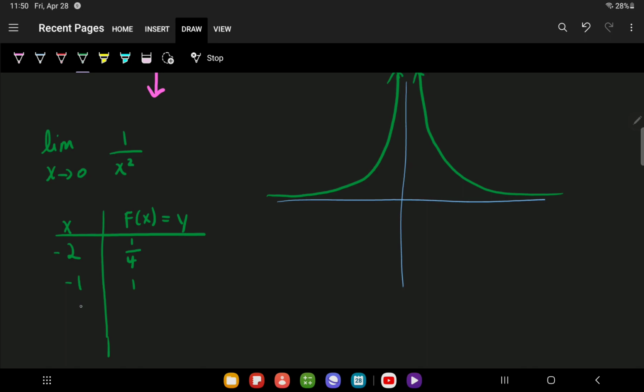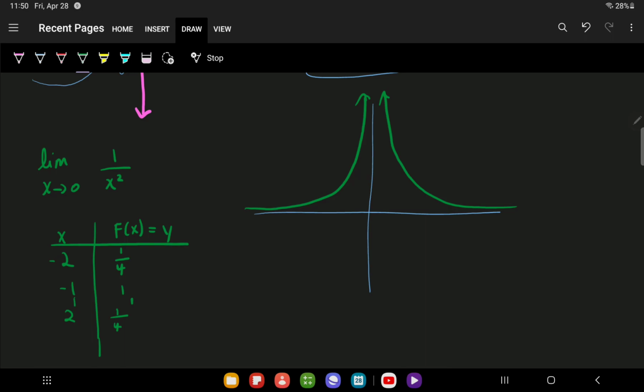If I plug in +2, I'll still get 1 over 4. +1, I'll still get 1. So basically it's a reflection. And if we plot smaller and smaller values, if I plug in, let's say, +1/2, that's 1 over 1/4, which is 4. And I'll get the same thing on the negative side as well.